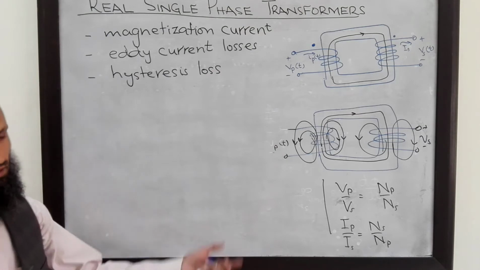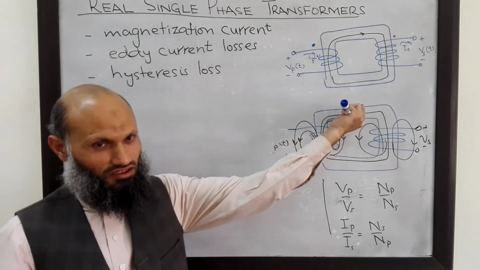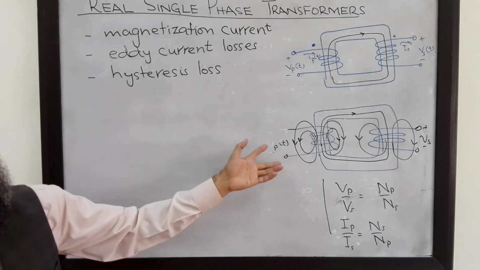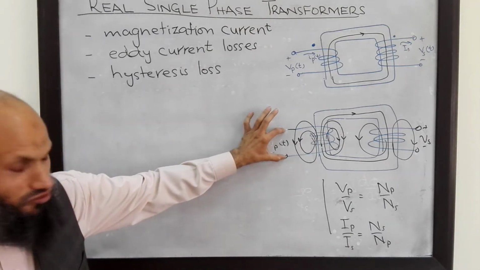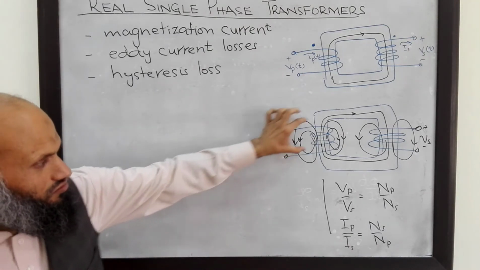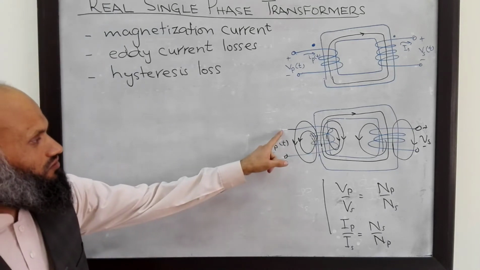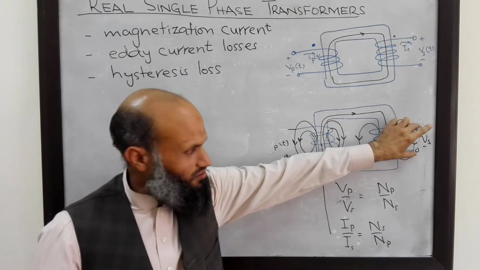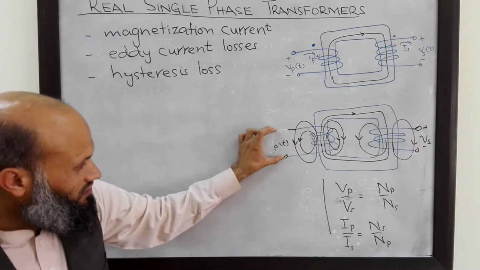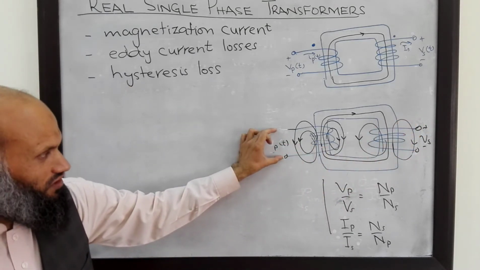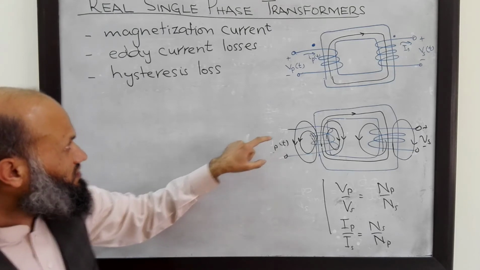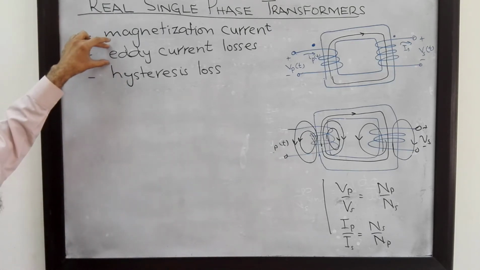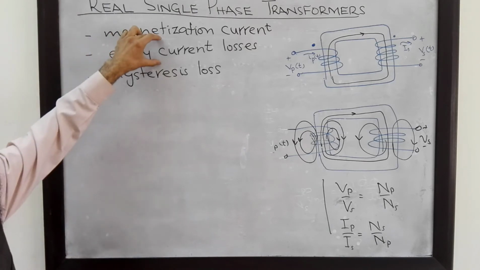If there is loss, there is some power consumed in the core of the transformer that has to come from somewhere, so that comes from the source connected to the primary winding. So if the secondary is open circuited, in the primary some current will be flowing. That current is composed of three parts: the magnetization current, and the current to incorporate the eddy current losses.